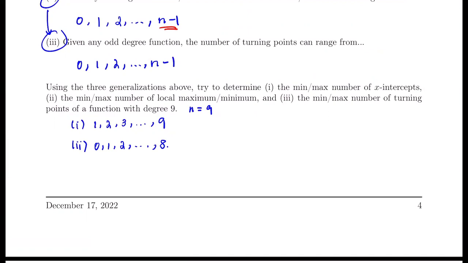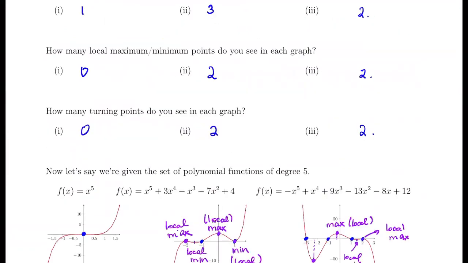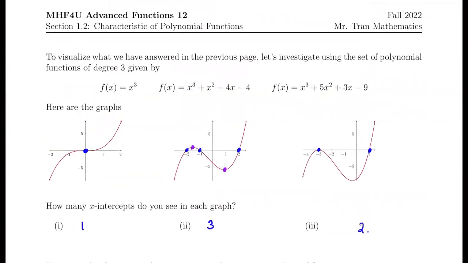And then part 3 is for the number of turning points, which is going to be the exact same as the number of local minimums and maximums. So we could have 0, 1, 2, all the way to 8. So that's basically the general case for the odd degree polynomial functions.